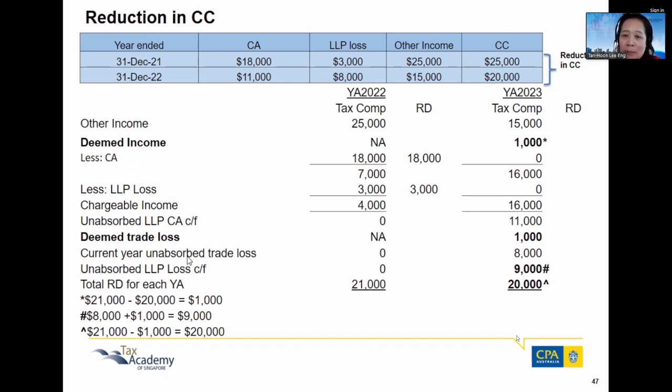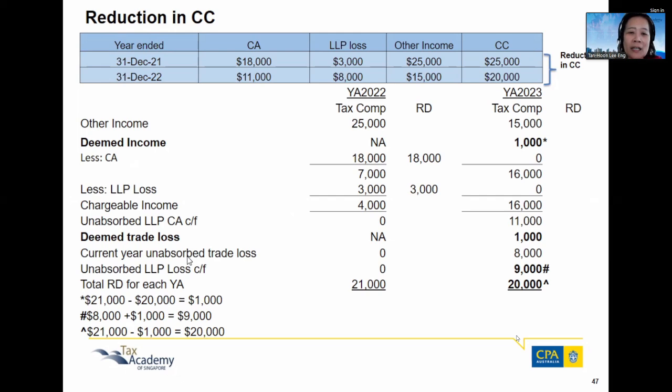This slide basically explains the earlier two slides, which I suppose you may have had problems understanding, but with this example, hopefully you can understand better. So come 2023, as per normal, we will say other income 15,000. We put it in.